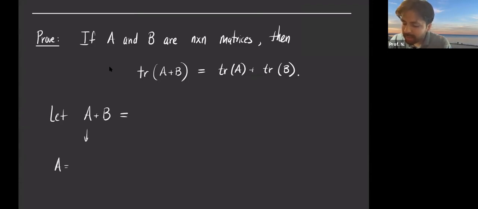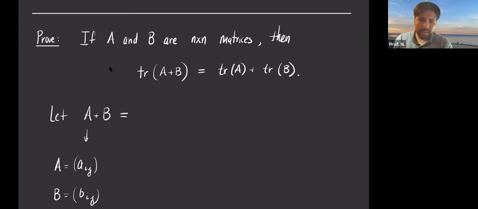Isn't A the same thing as saying a sub ij? And then B, we take all the ijth entries, and when we add them up, we're taking the ijth entry of A and adding it to the ijth entry of B, right? That's how we generalize addition, correct? So that's nothing crazy, right?